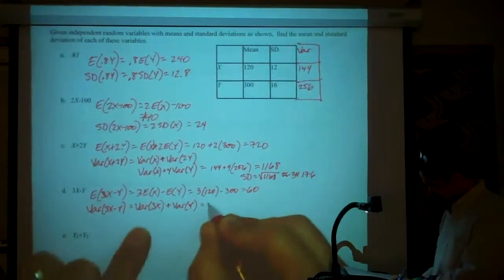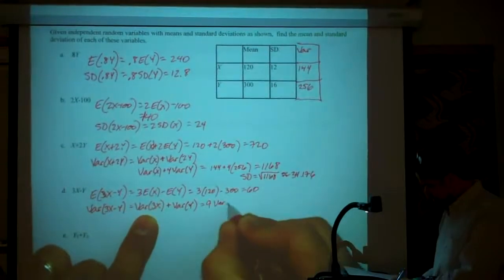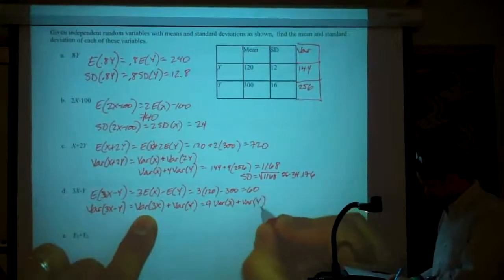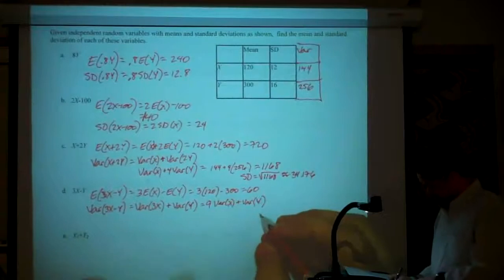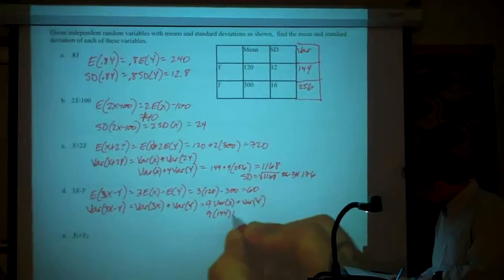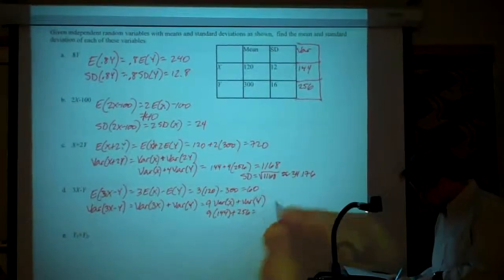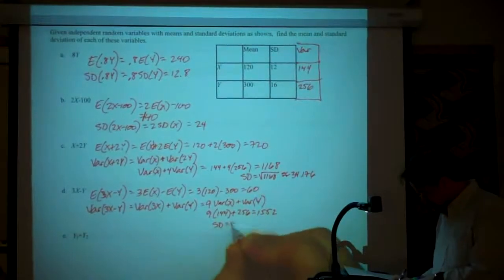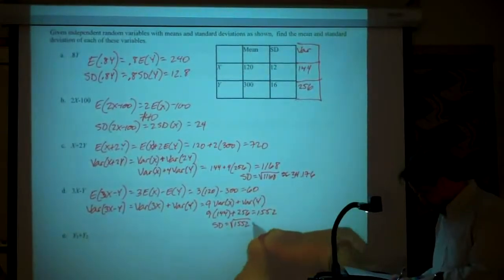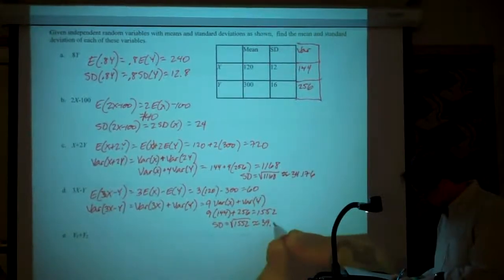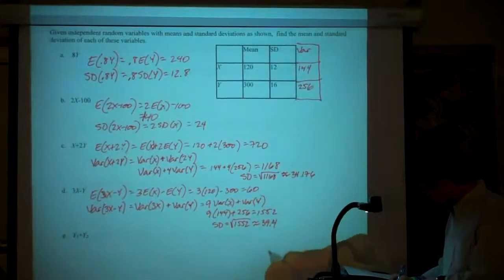So this is going to be 9 times the variance of x plus the variance of y. That comes out to 9 times 144 plus 256, which is 1,552. So what's the standard deviation? It's the square root of the variance, the square root of 1,552, which is approximately 39.4.